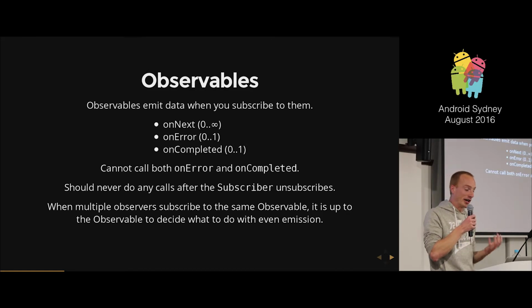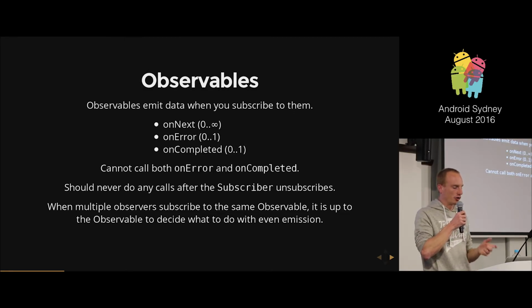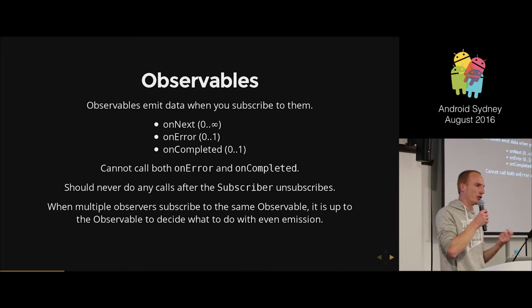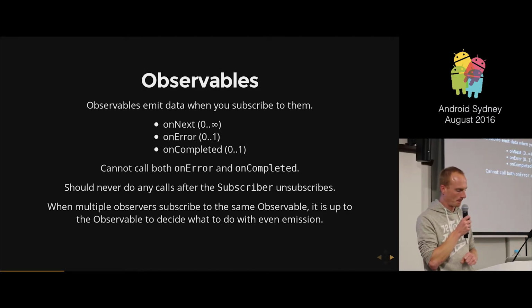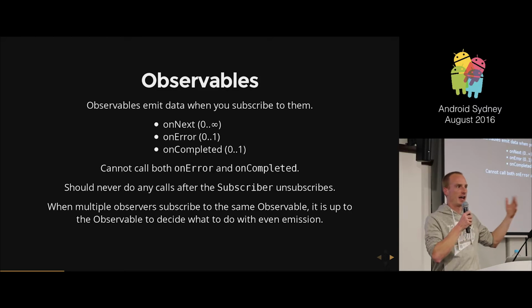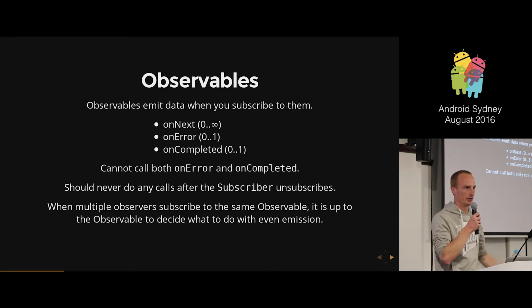And you can get an onError 0 or 1 times, or onCompleted 0 or 1 times. Those are exclusive, so you can either terminate with an onError or with an onCompleted, but never with both. So you don't have to complete the observable. The observable can just keep on emitting data forever, and it doesn't have to complete or doesn't have to error. It can just keep on emitting values or stay silent forever if you want.